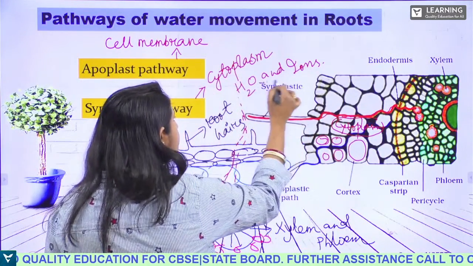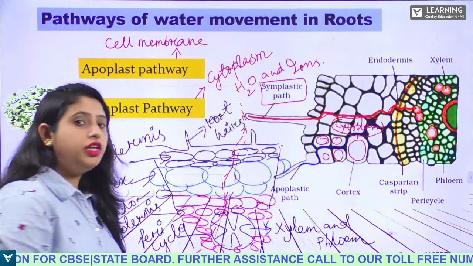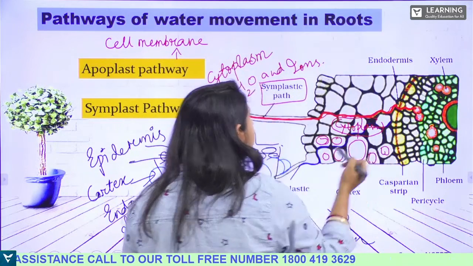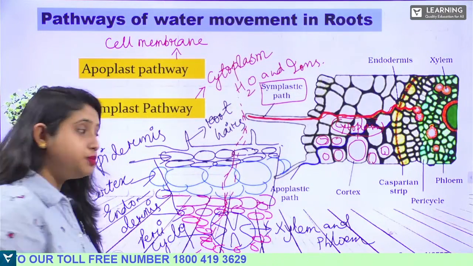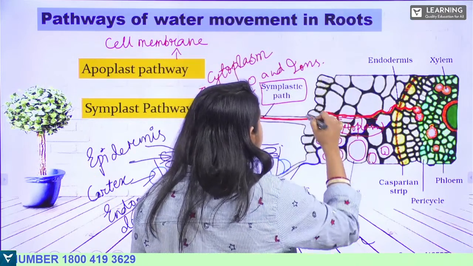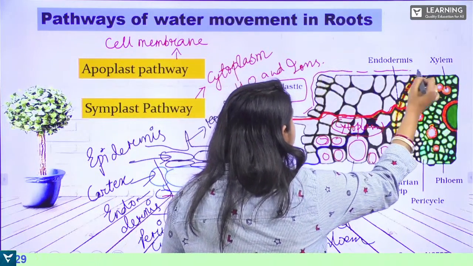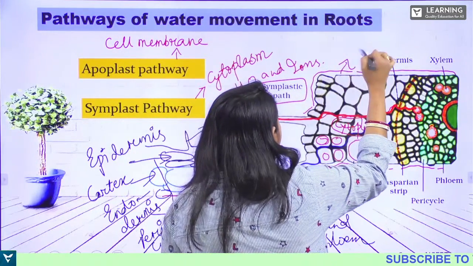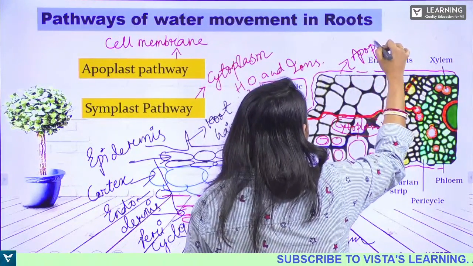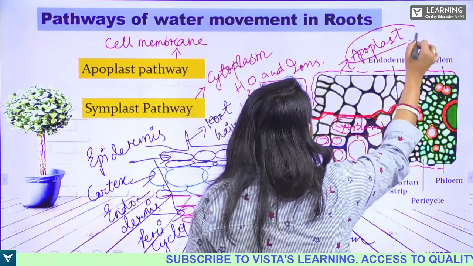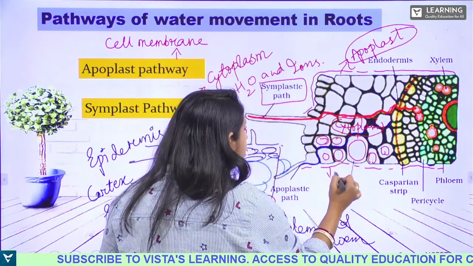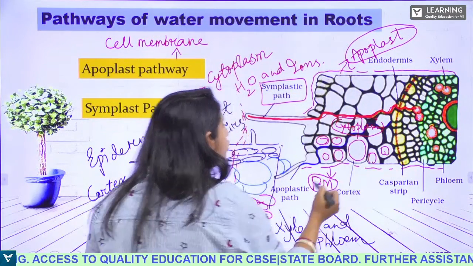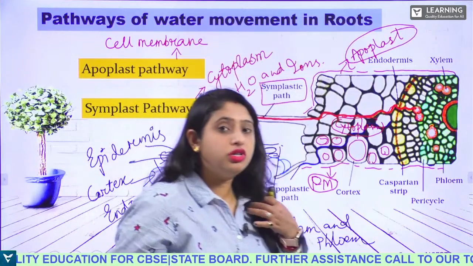So in the Symplast pathway, the molecules move directly through the cytoplasm, whereas in the Apoplast pathway, they move through the plasma membrane, that is through a thin pathway, not through the cytoplasm.